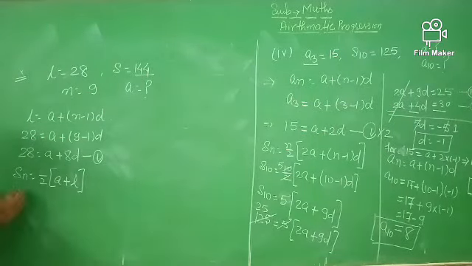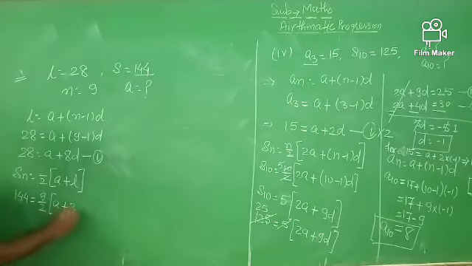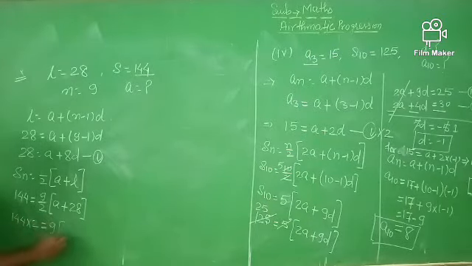So 144 is equal to n by 2. N is given, it is 9. So 9 by 2. The first term is not given, so A plus the last term, which is 28. So 144 multiplied by 2 is equal to 9 bracket A plus 28. 9 16s are 144.